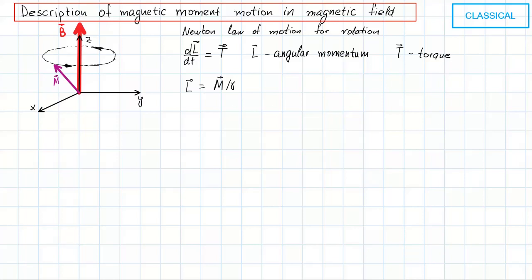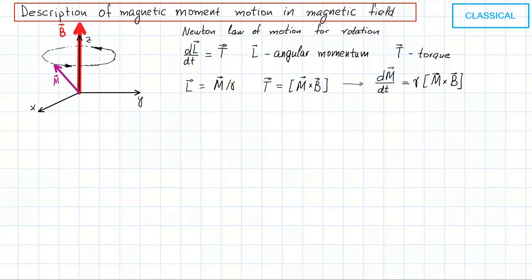Furthermore, if we have a magnetic moment in the magnetic field, then this magnetic field exerts a torque on the magnetic moment, which is equal to a vector product of m and B. By inserting the expression for the angular momentum L and for the torque T into the dynamic equation, I obtain the equation for the dynamics of magnetic moment m in magnetic field.